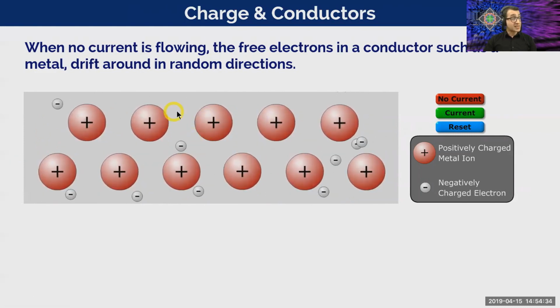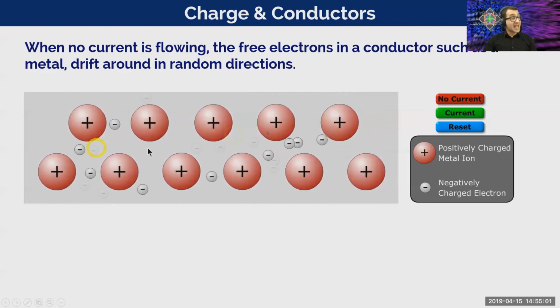But because each of these atoms has donated its outer shell electrons to the so-called sea of delocalized electrons, this leaves behind positively charged metal ions, and the negatively charged electrons are free to move between those positively charged ions. So this is the situation in a metallic conductor when there is no electric current flowing.